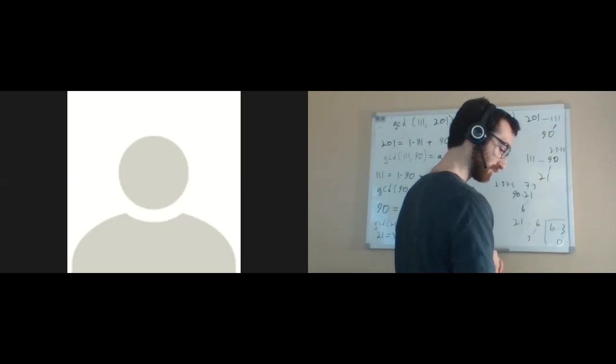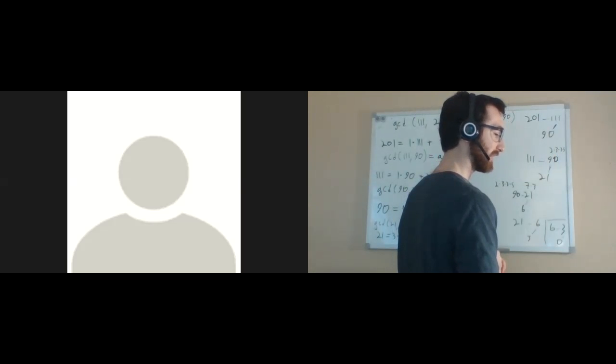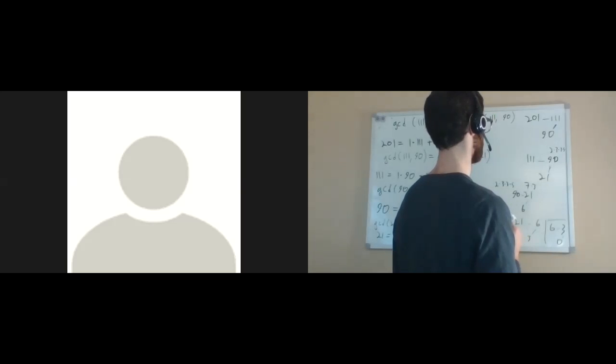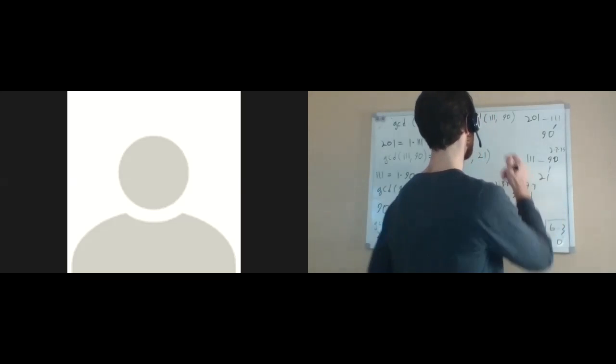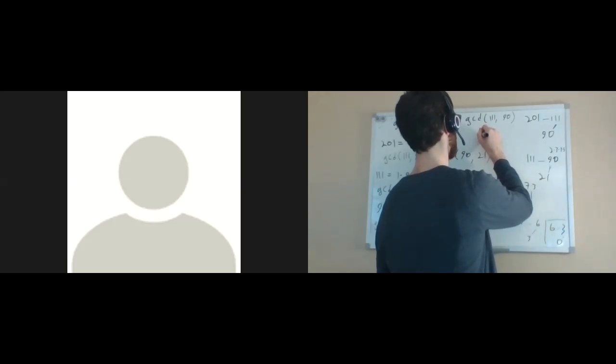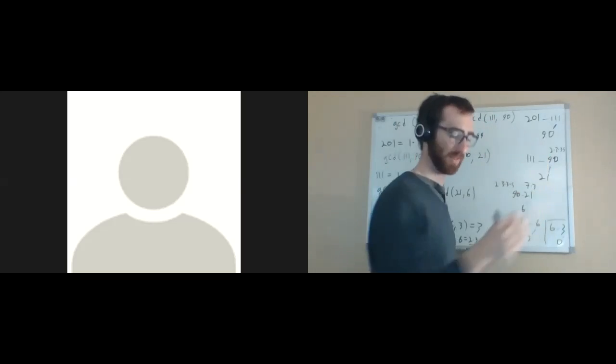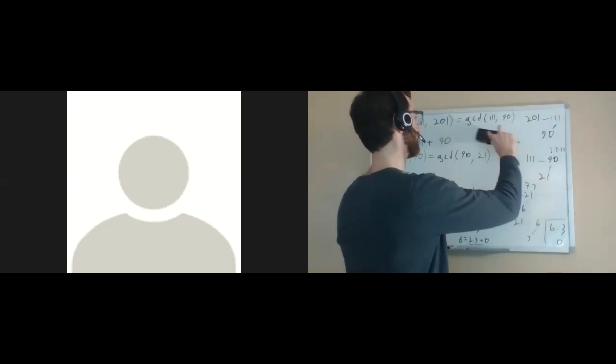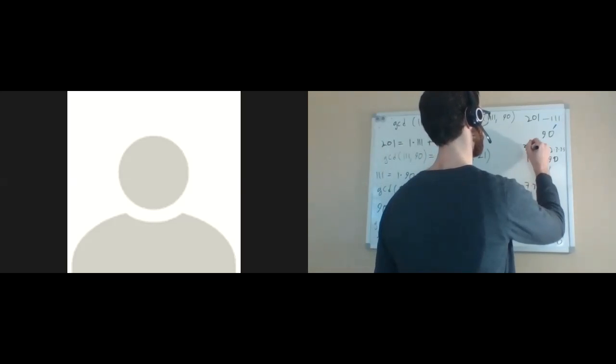We get 99 plus 12, right? How does 3 go into 99? 99 divided by 3 is 33. So 111 should be 37 times 3.